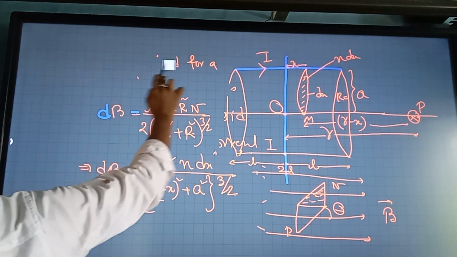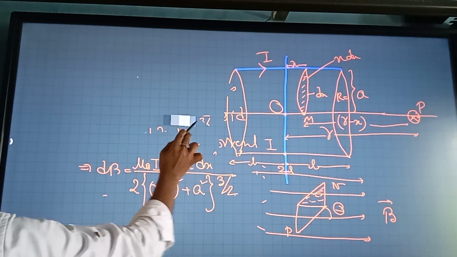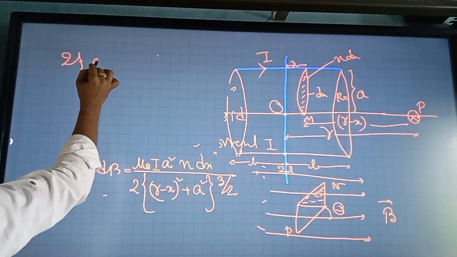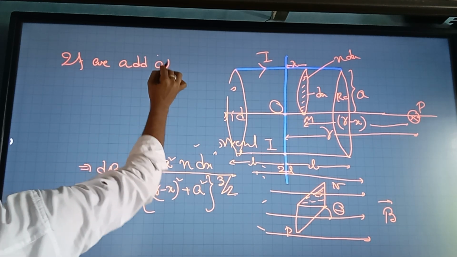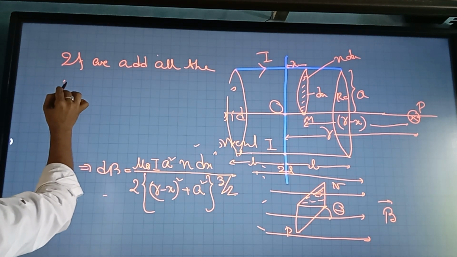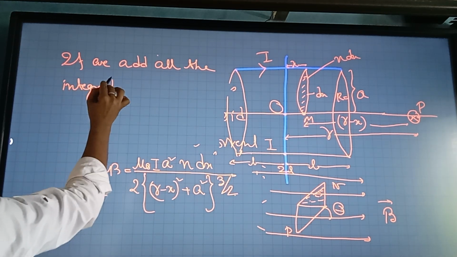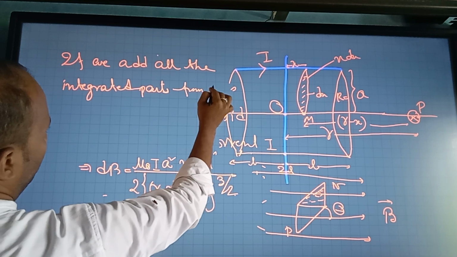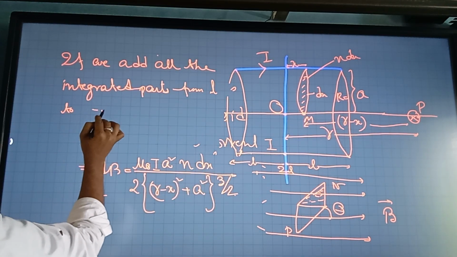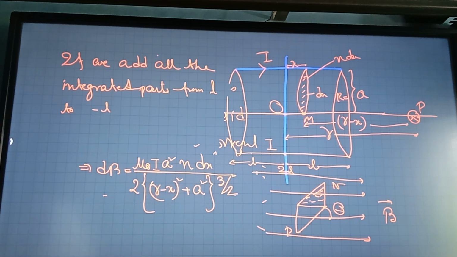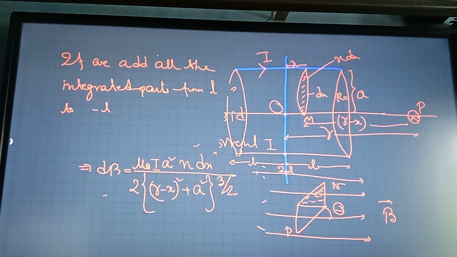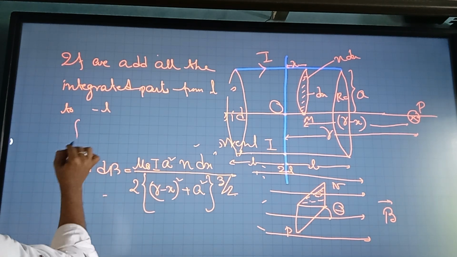Okay. Now, if we add all the integrated parts from L to minus L, then the total magnetic field means integration.